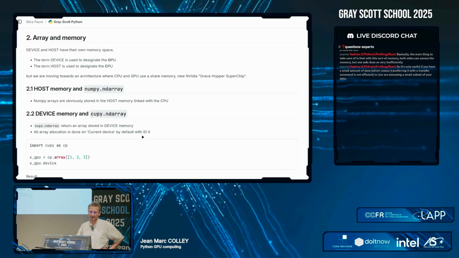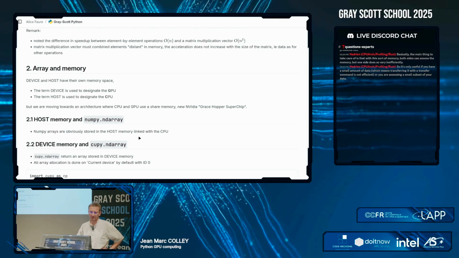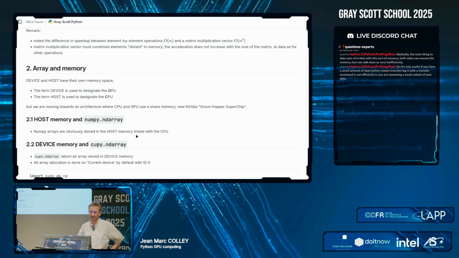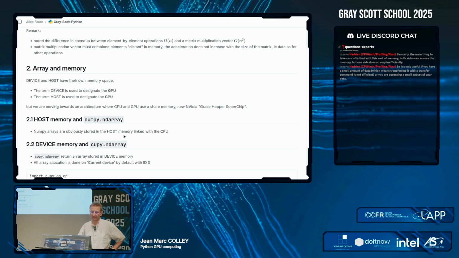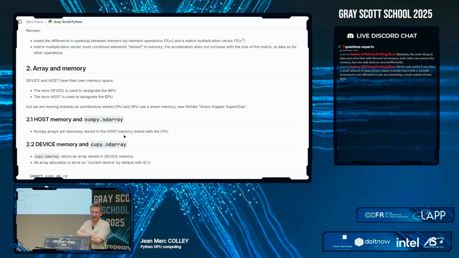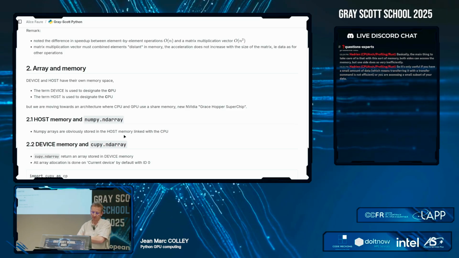After that, we have memory management. So we define device and host memory. The term device is used to designate the GPU, and host is used to designate the CPU.